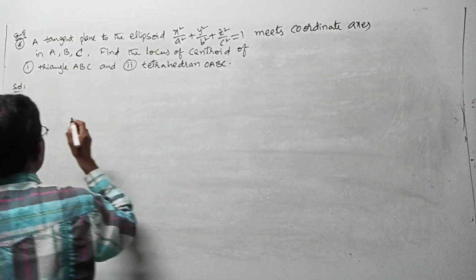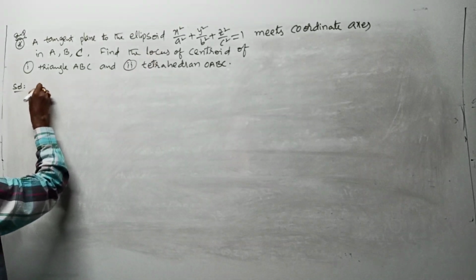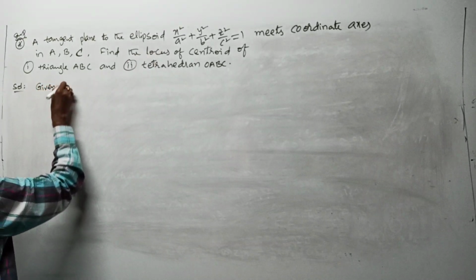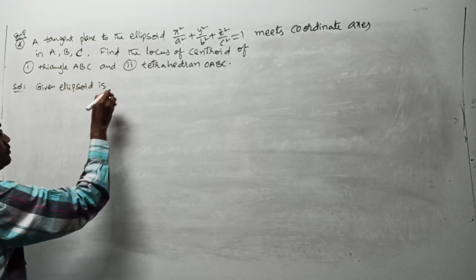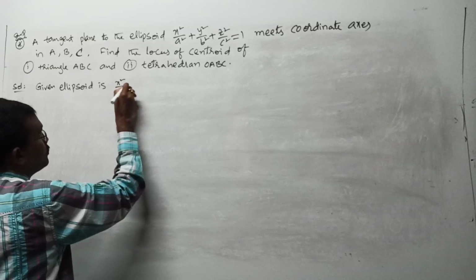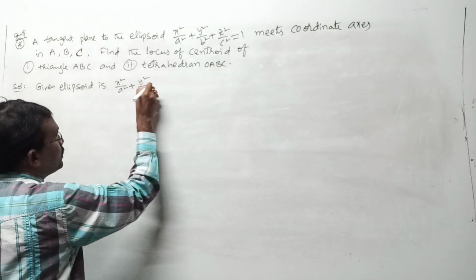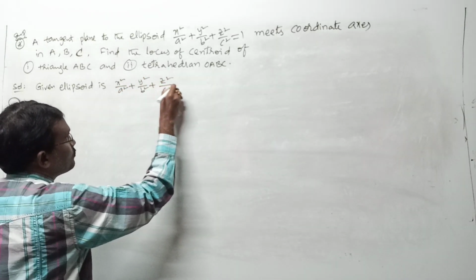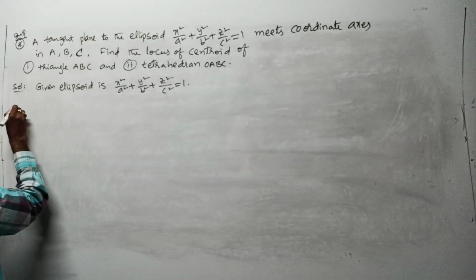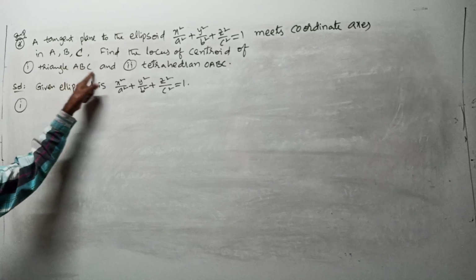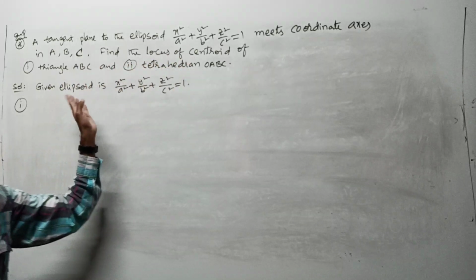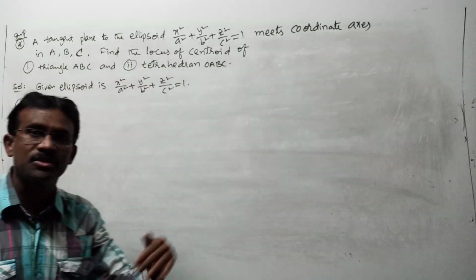First I am taking the given ellipsoid: x square by a square plus y square by b square plus z square by c square equal to 1. I am going to do bit number 1, the first bit. In the beginning itself, I take the centroid of triangle ABC as some point x1, y1, z1.